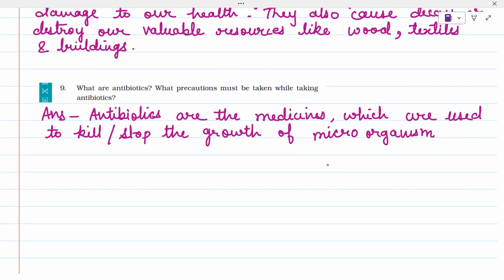Which microorganisms? Disease causing microorganisms.